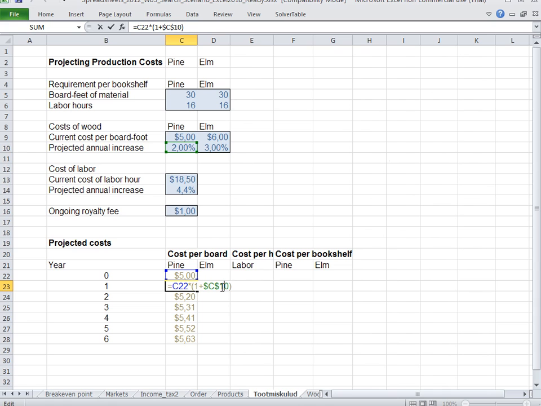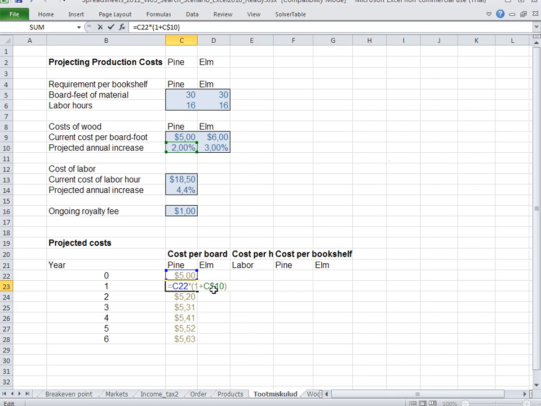But when we copy it to Elm, the reference should shift from 2% to 3%, which means we should take this formula again, use F4, as long as we have $10. Remember, here the dollar was in front of 10, which means that the formula will not be moving down. But there was no dollar in front of C, which means that the formula will be moving from C to D, from Pine to Elm.